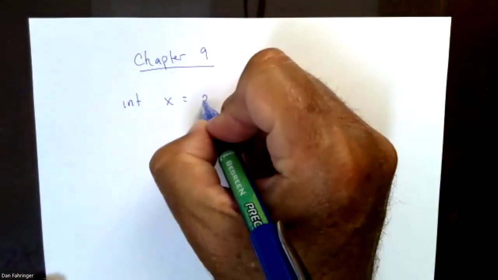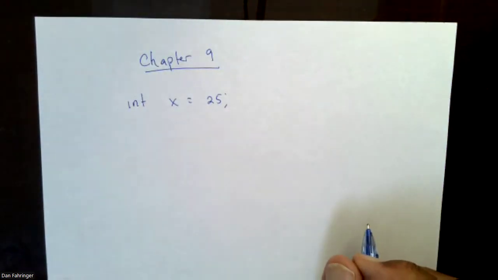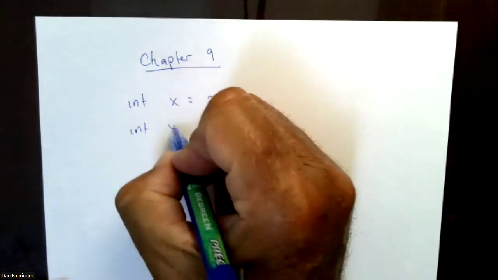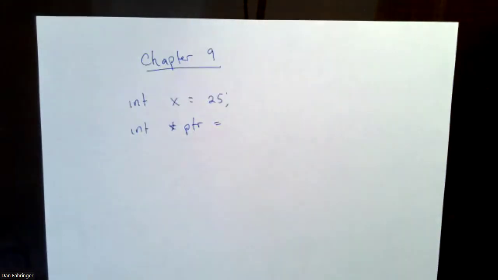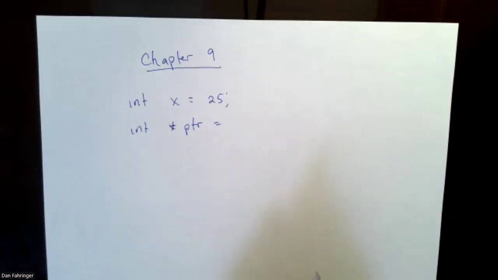X equals 25. I'm okay with that. That line of code's not too bad. Int asterisk pointer equals... what's the pointer have to equal? Pointer gets, it has to equal an address.